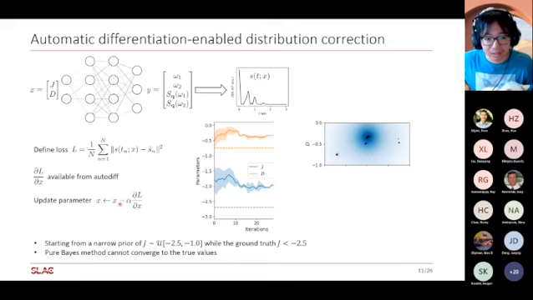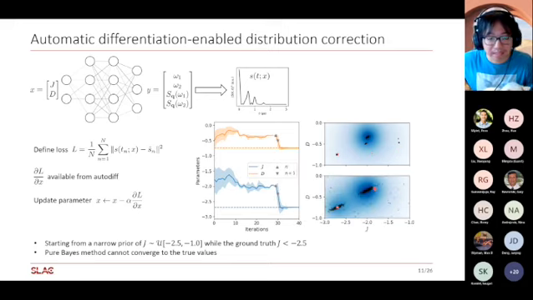And if we just go ahead and apply the gradient descent, we will find the distribution now has more weight near the true value. It's still sort of far away from the ground truth, but it's already enough for the Bayes updates to correct itself and get close to the true values in the next few iterations.